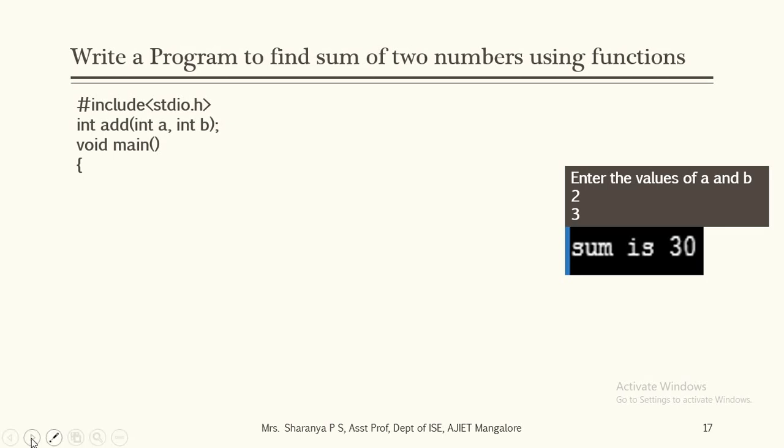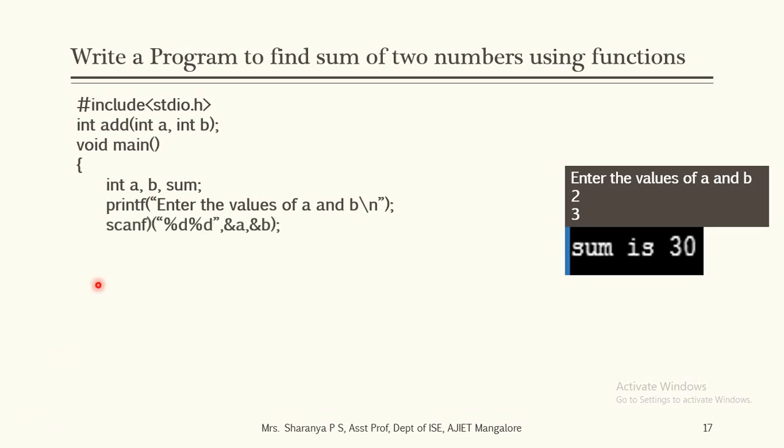And we are writing the main. In the main, we are using two variables a and b and also sum, which is used to store the result. We are asking the user to enter the values of a and b in the printf statement, and with the scanf statement, we are reading the values from the user.